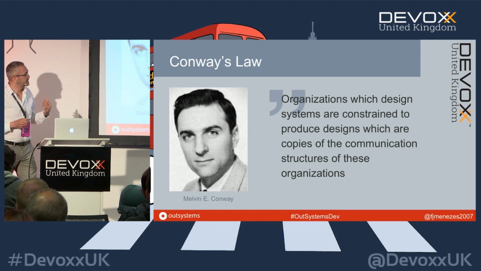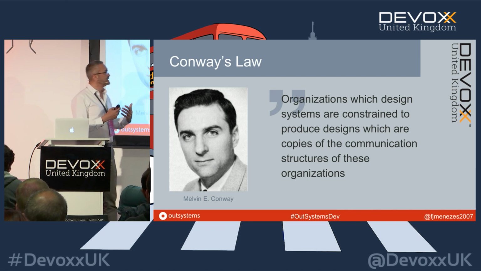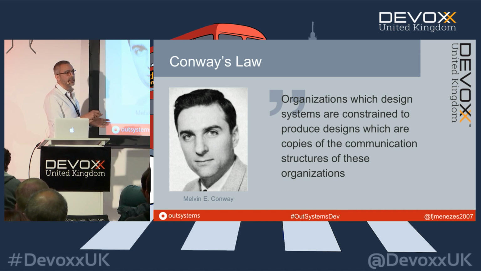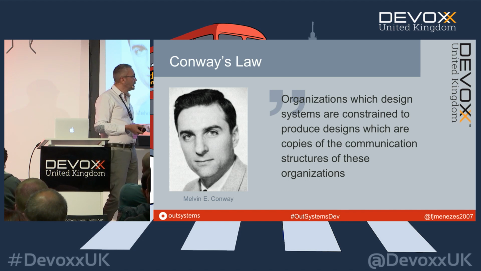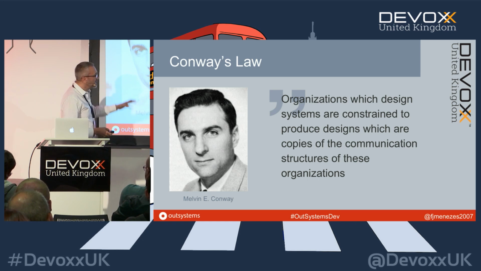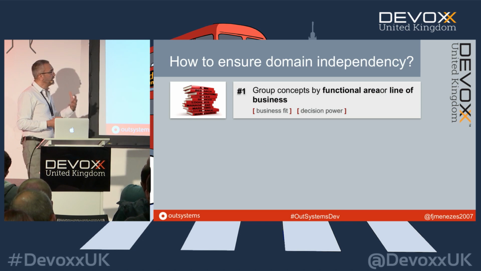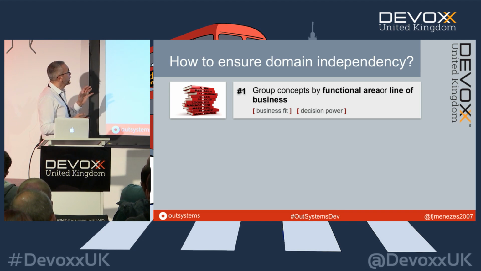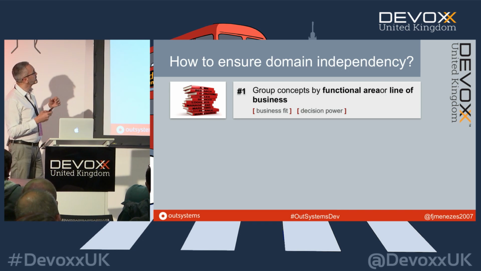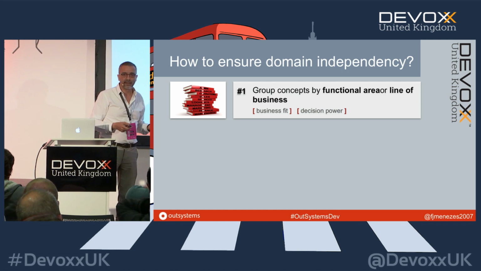Back in the 1960s, Melvin Conway already observed that organizations that design systems typically copy the communication structures of the organization, right? And this is very important to keep in mind, because when you're creating your domains, what is the criteria? What are the aspects that you need to follow in order to ensure the domain independence, right?